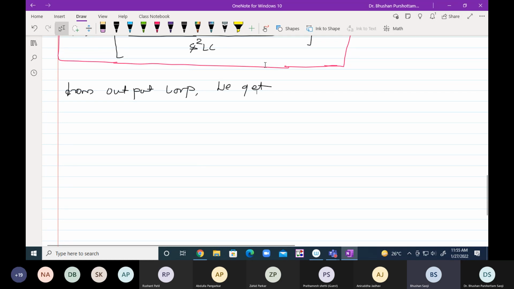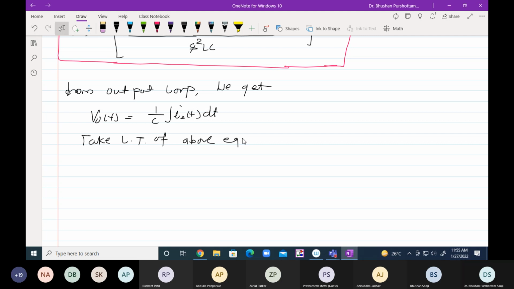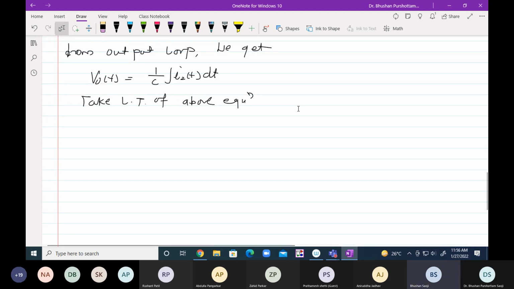V0 of t equals 1 by C integration of I2 of t into dt. Take the Laplace transform of the above equation. So we have V0 of S equals 1 by C into S into I2 of S. This is our equation D.